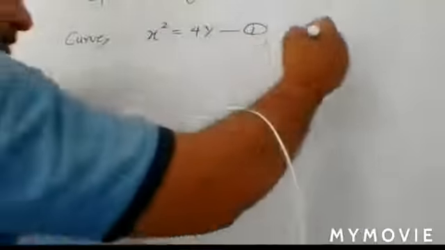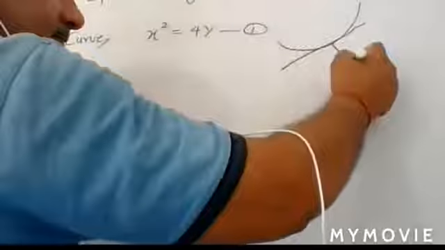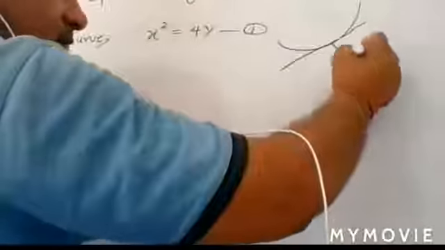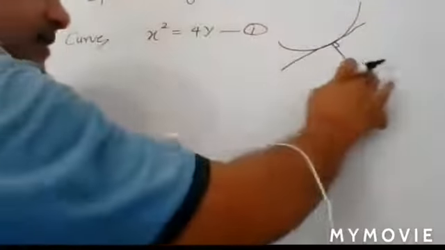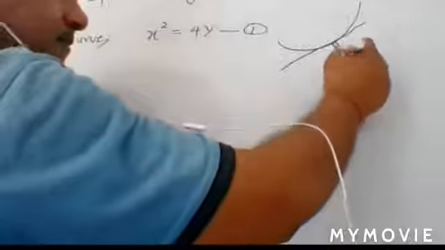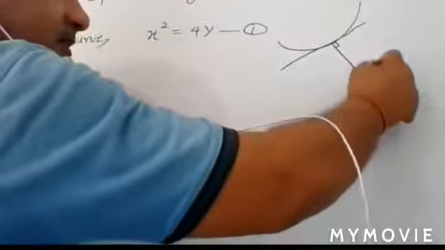So first you draw a rough figure. Suppose here you have a curve. This is your tangent line, and that is your normal. Here it is given this normal is passing through the point (1, 2). This is not a point of contact.